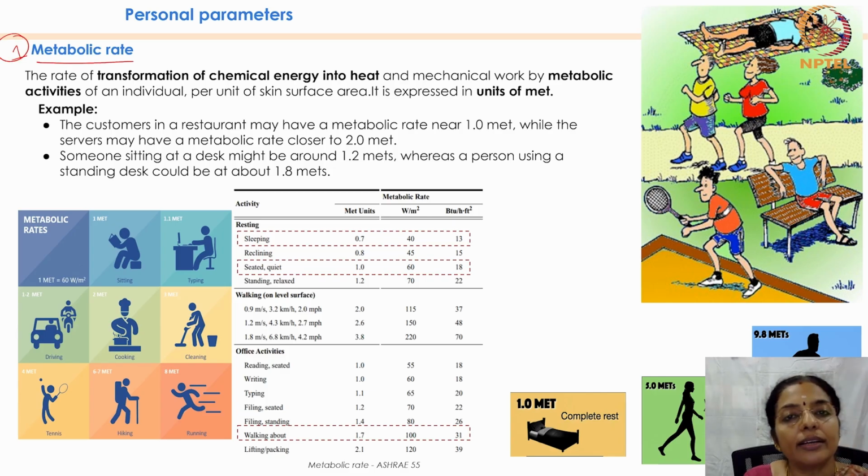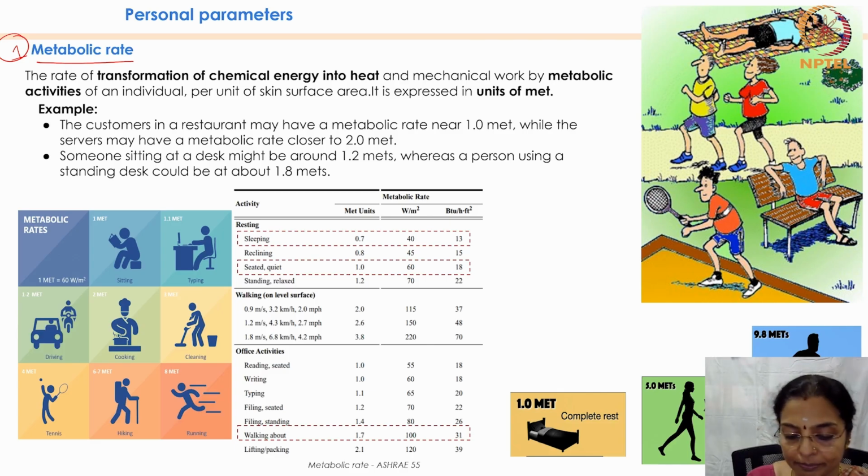The rate of transformation of chemical energy into heat and mechanical work by metabolic activities of an individual per unit of skin surface is expressed in units known as MET. For example, the customers in a restaurant may have a metabolic rate near 1 MET.